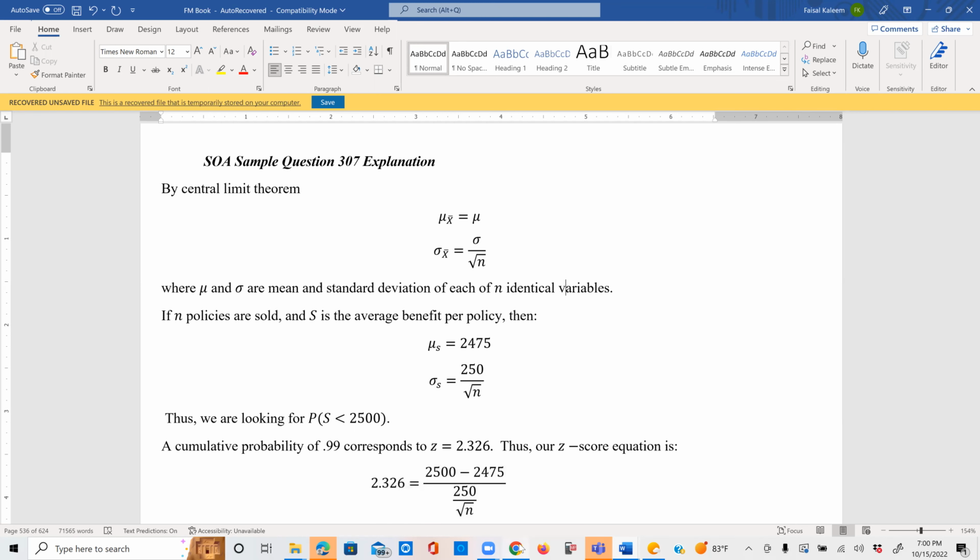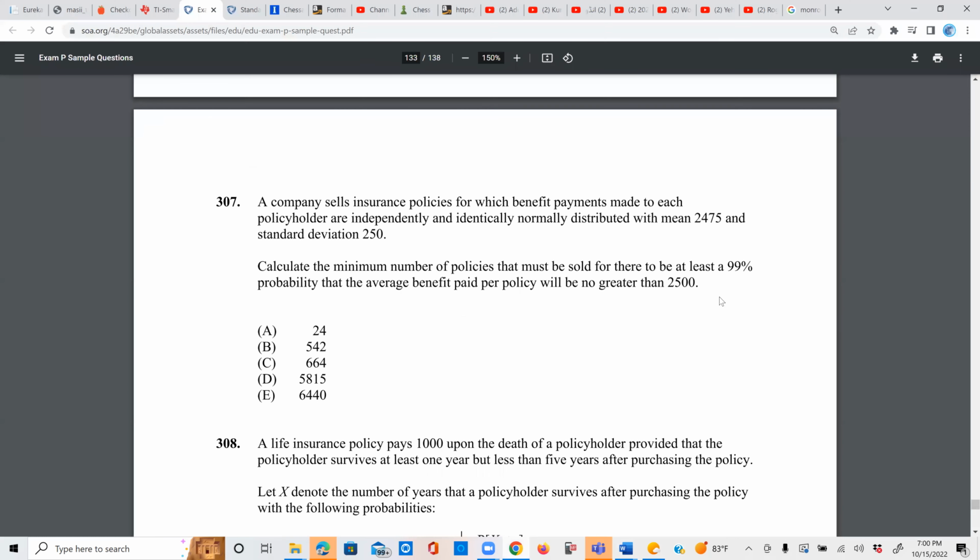We are interested in the probability being at least 99% that this average is less than or equal to 2500, which is another way of saying no greater than 2500.